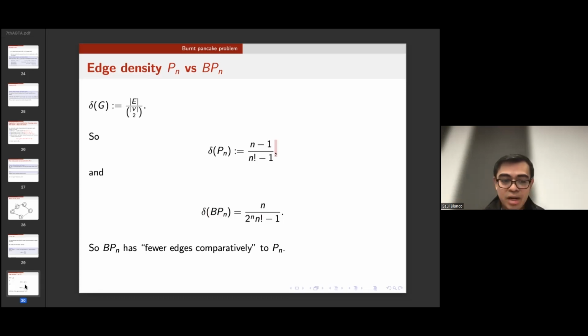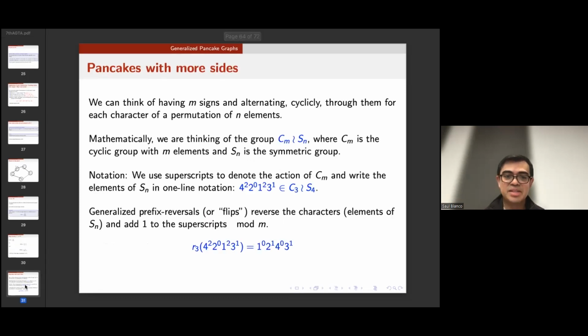So, okay, what this led us to: Gates and Papadimitriou consider pancakes that have 2 sides, a burnt side and a non-burnt side. But then, of course, the natural question is, what happens if you have M sides, right? So you assume that you have M signs that alternate.